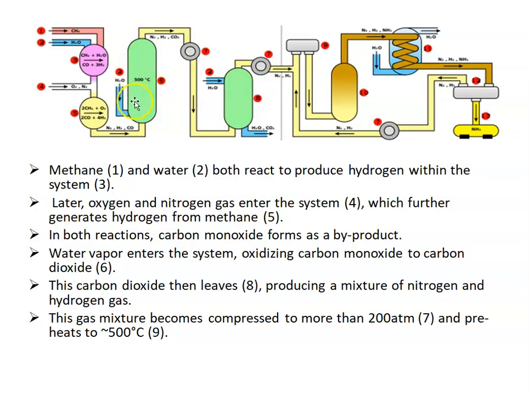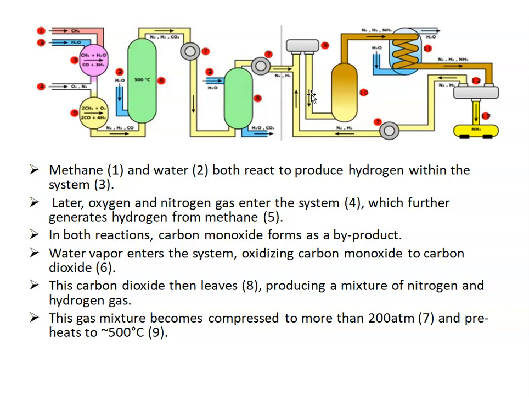Now, here is the carbon dioxide. This carbon dioxide then leaves, producing the mixture of nitrogen and hydrogen gas, right? This gas mixture then becomes compressed to more than 200 atmospheric pressure, right?